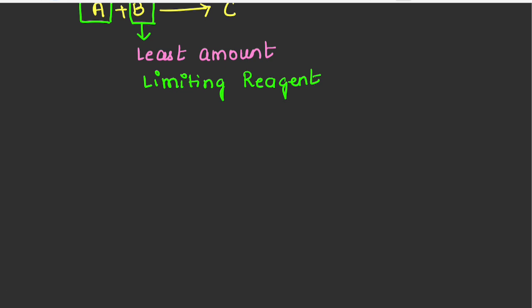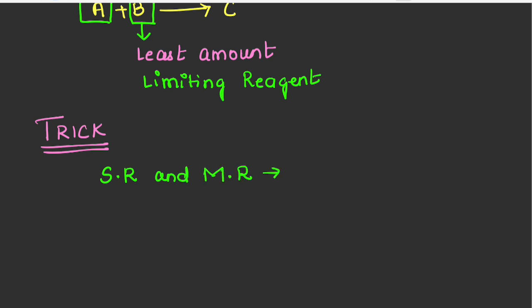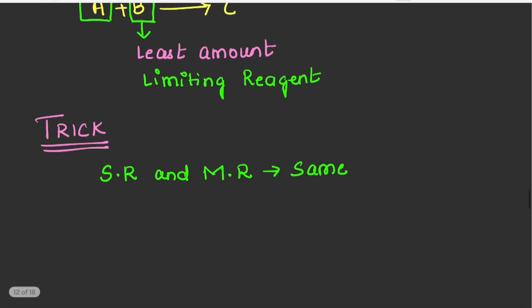The trick we are going to use is, if SR and MR are the same, then you can say that the limiting reagent is absent, or you can say no limiting reagent in this case.